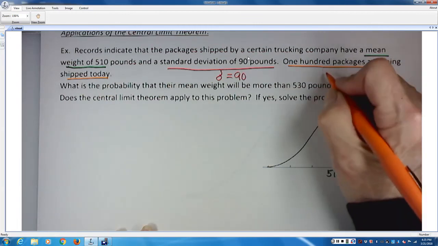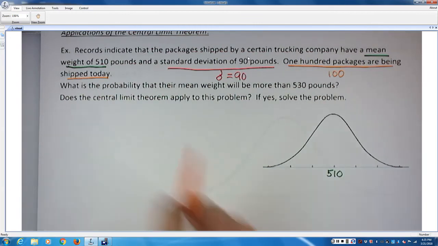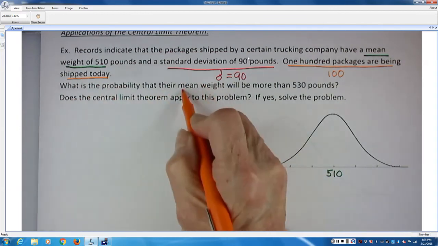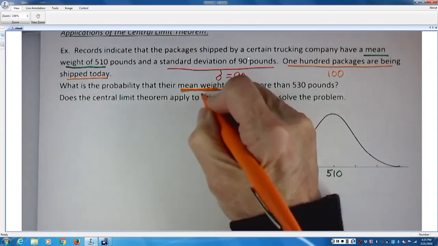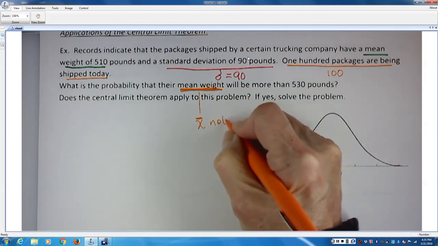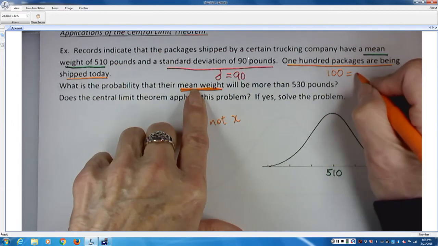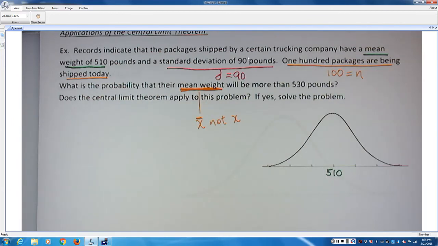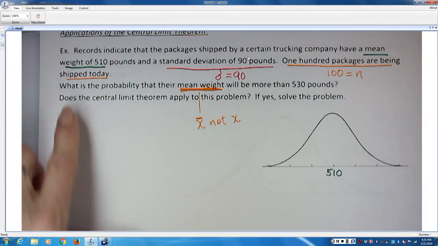That 100 has to be something. We've got to figure out what it is. What is the probability that the mean weight of 100 packages, that 100 is the value of n, will be more than 530 pounds?